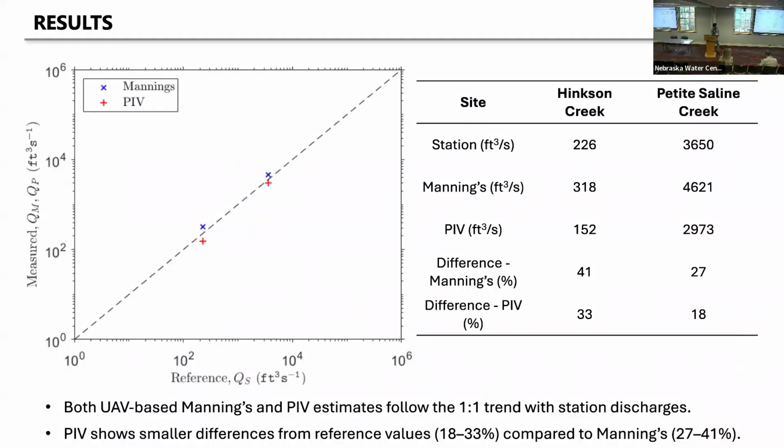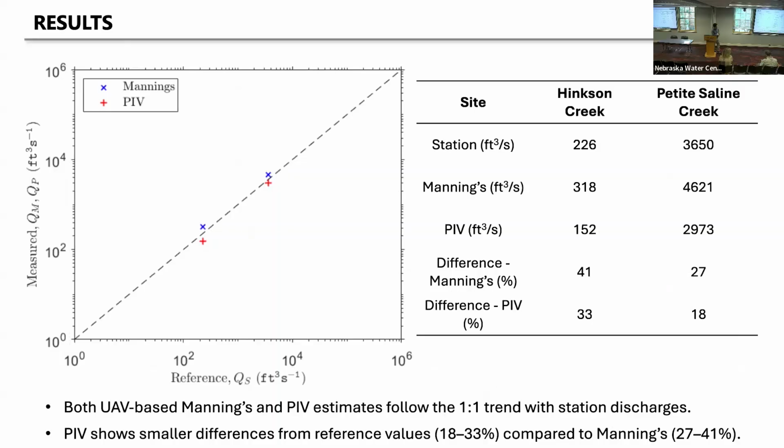And both the UAV-based Manning's estimate and PIV estimate are quite well aligned with the reference, which on the x-axis is the station discharge data.